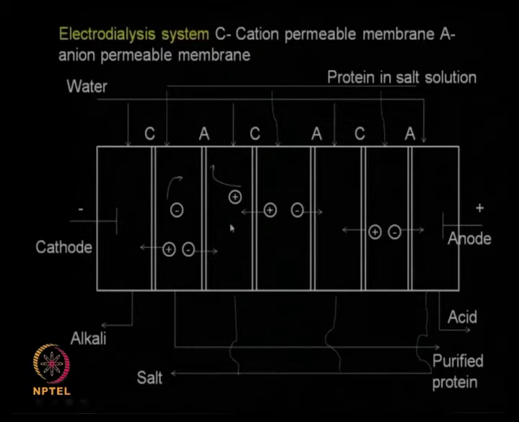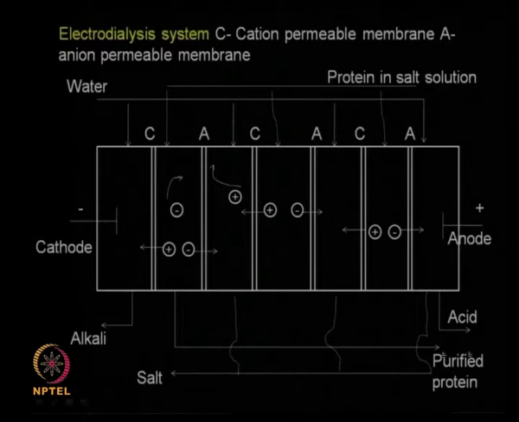So, what will happen? You have alternate chambers with plus and minus, and the alternate chambers will be pure, free from salt. So, you will have alternate chambers without any salt and alternate chambers with high concentration of salt. So, what will happen? You will have protein in water in alternate chambers, it will be free of salt, and you will have high concentration of salts in the alternate chamber, understood, okay.